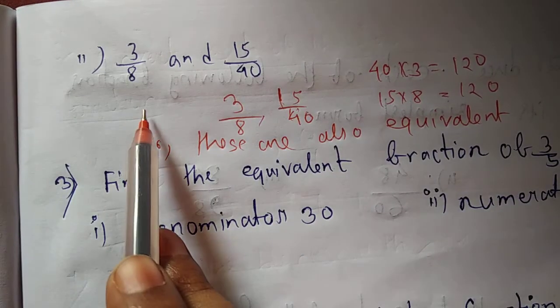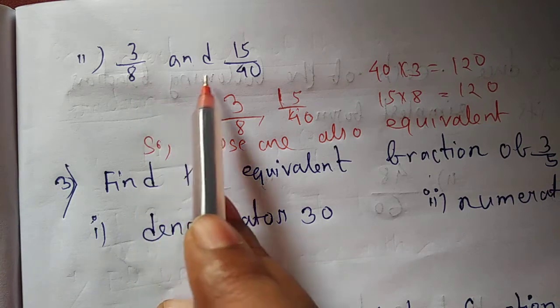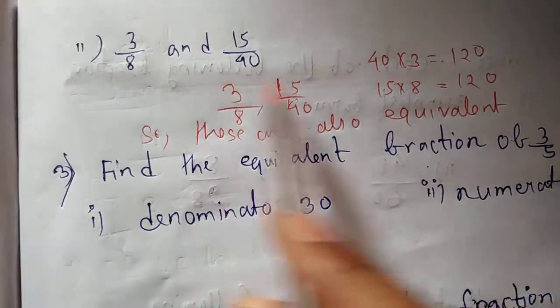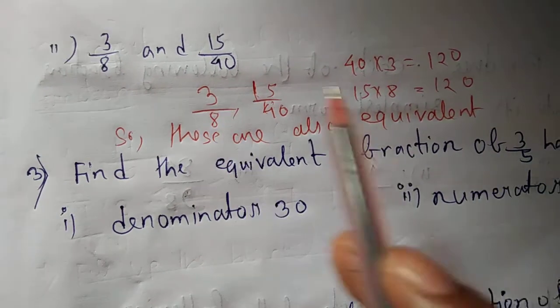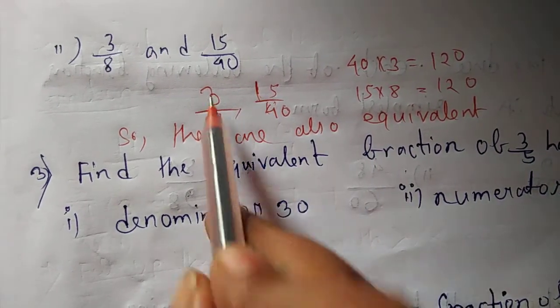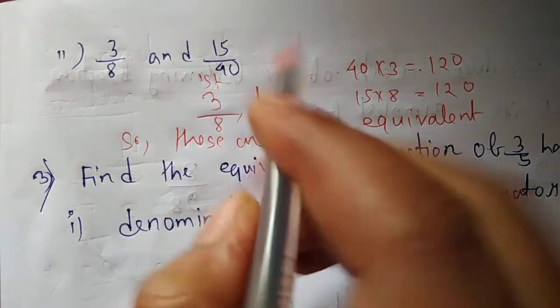And there is another question, that 3 by 8 and 15 by 40, are these equivalent fractions? So we check.